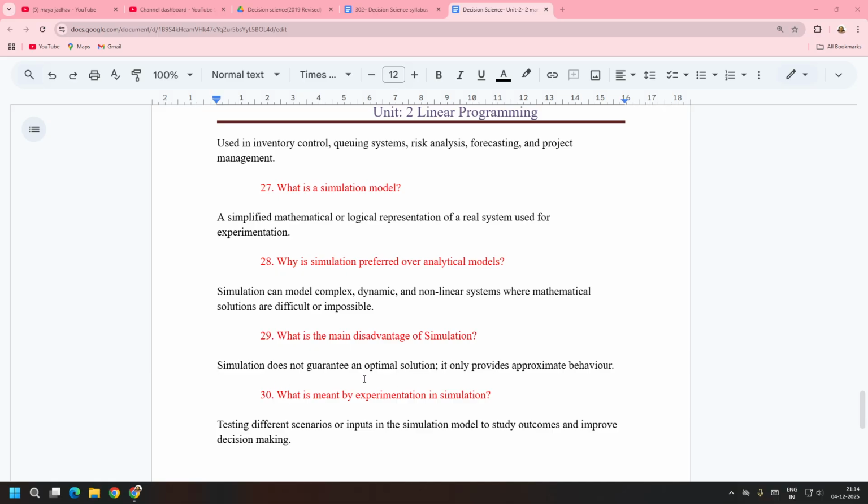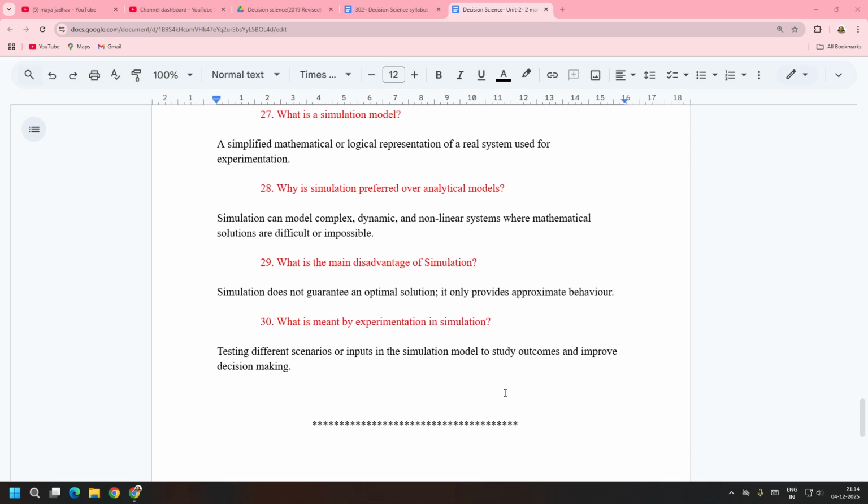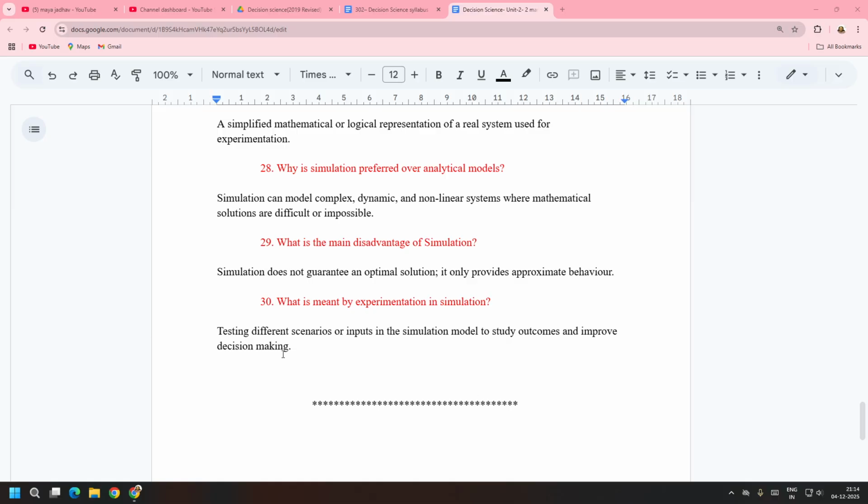Simulation does not guarantee an optimal solution. It only provides approximate behavior. What is meant by experimentation in simulation? Testing different scenarios or inputs in a simulation model to study outcomes and improve decision making.